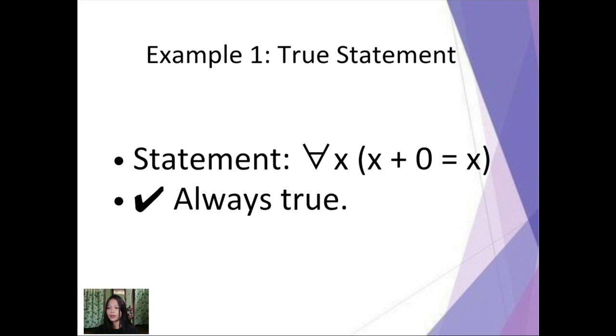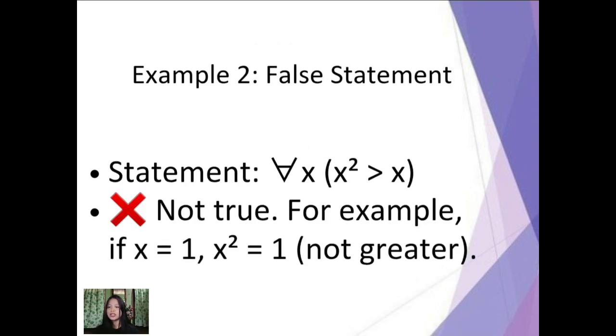And example 2, which is a false statement: for all x, x squared is greater than x. This is not true. If x is equal to 1, then x squared equals 1 and is not greater, which means it's not true.